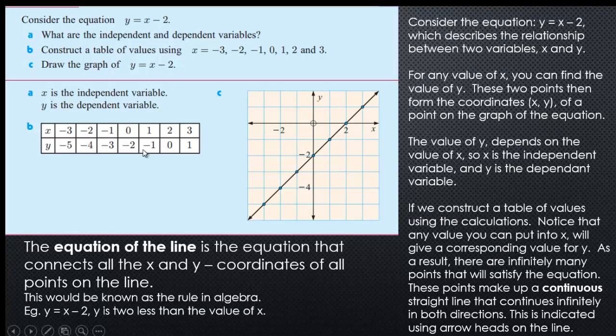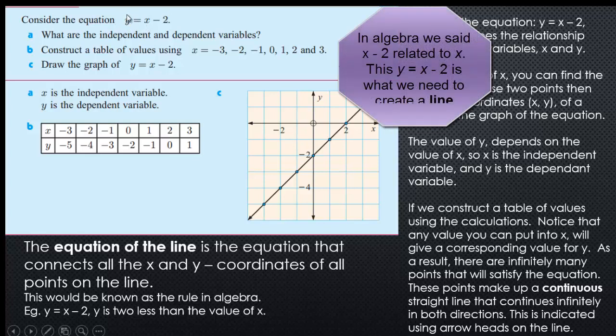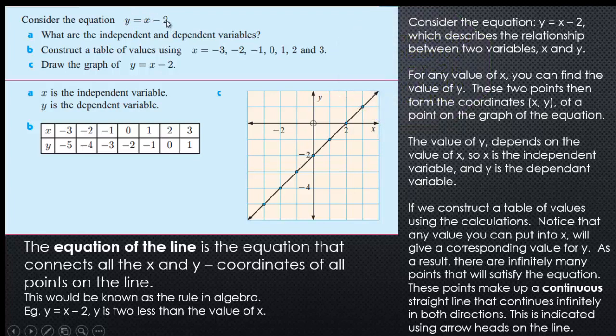So, if we consider this equation, y equals x minus 2, okay? This describes the relationship between variables x and y. So what this is essentially saying is that y equals x minus 2. So whatever the value is of x minus 2 is going to give you your value of y.